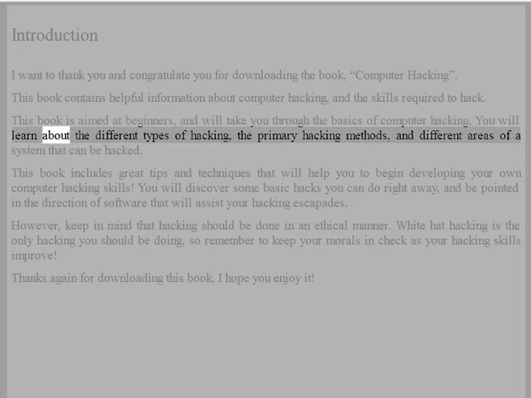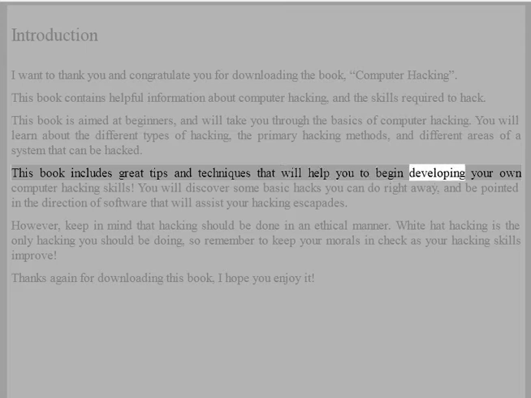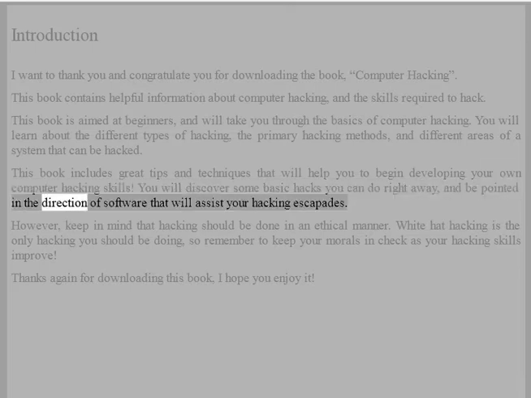You will learn about the different types of hacking, the primary hacking methods, and different areas of a system that can be hacked. This book includes great tips and techniques that will help you to begin developing your own computer hacking skills. You will discover some basic hacks you can do right away, and be pointed in the direction of software that will assist your hacking escapades.